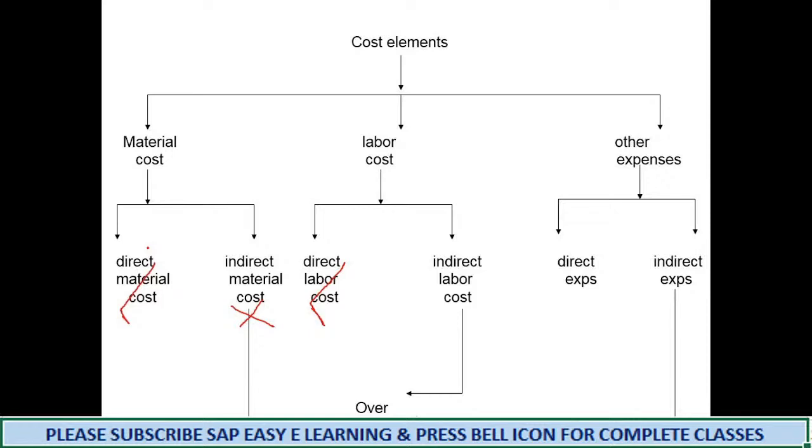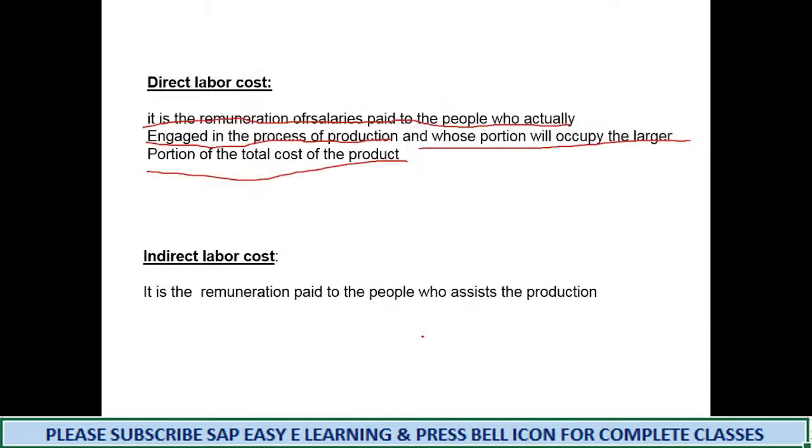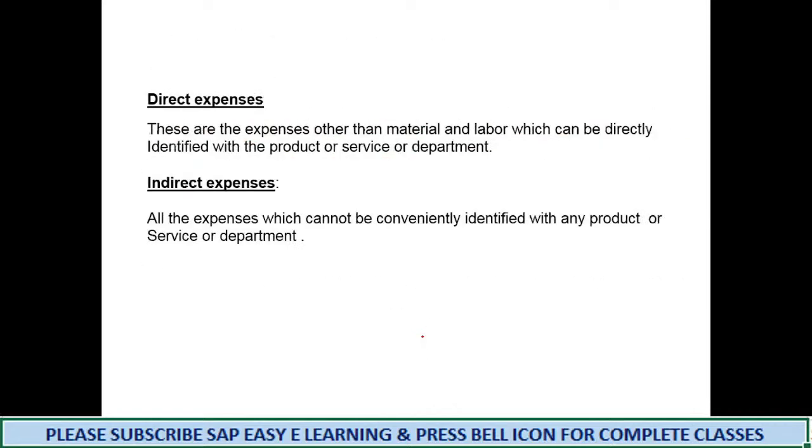In that way, you have to analyze direct labor cost. But indirect labor cost, it is occupying a very smaller portion. So it is not economically viable and feasible to analyze indirect labor cost individually. Clear?